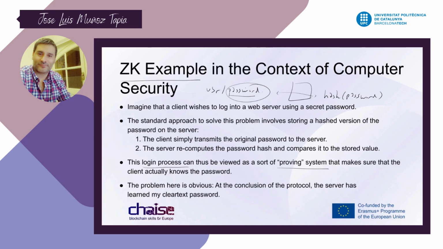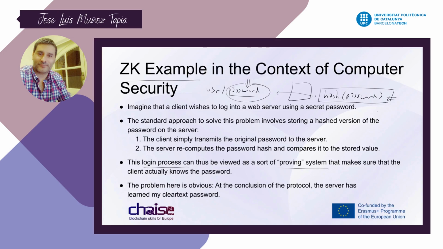You still are going to store a hash of my password, and then I'm going to provide you a proof that I have a password that when hashed gives this value, the value that you have on your disk, which is the hash of the password.